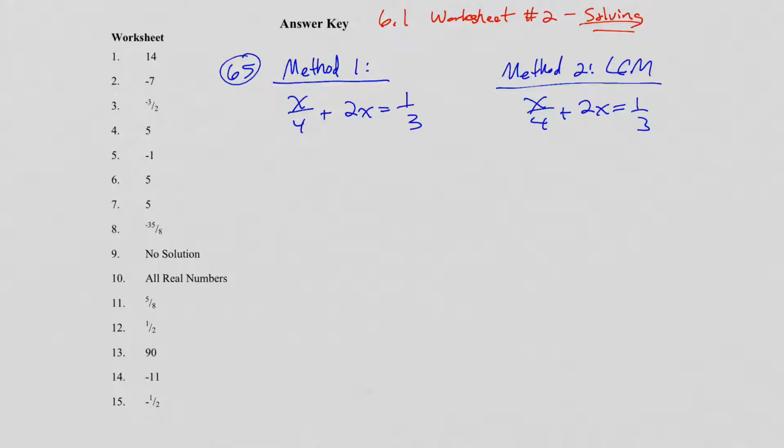So in other words, I'm going to say, hey, I have like terms here. So this is a like term. I'm going to simplify that. That's 2 1/4, which I can convert into 4 times 2 is 8, 8 plus 1. So this is 9/4.